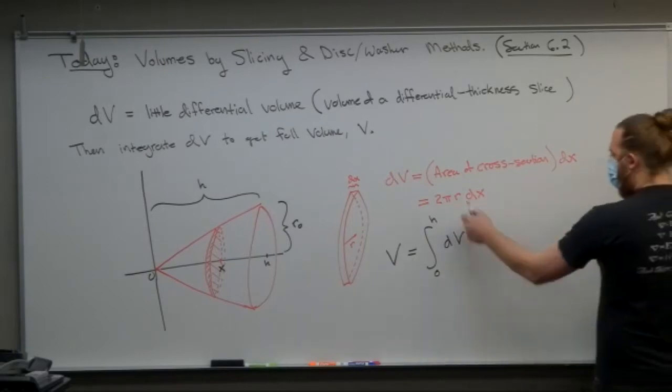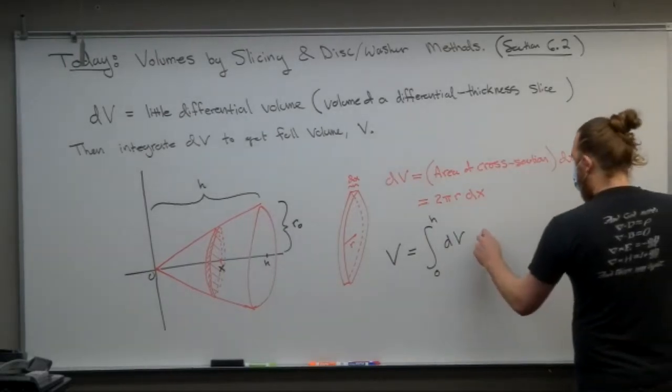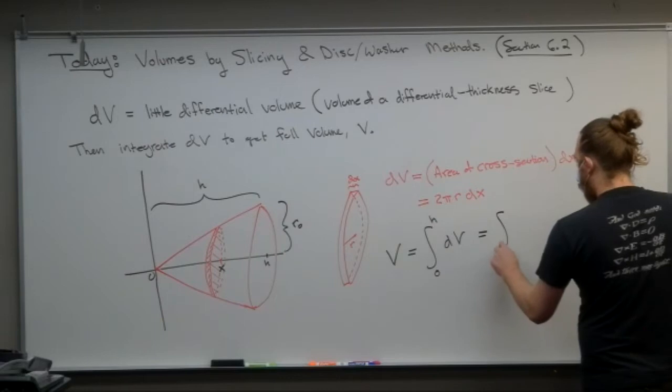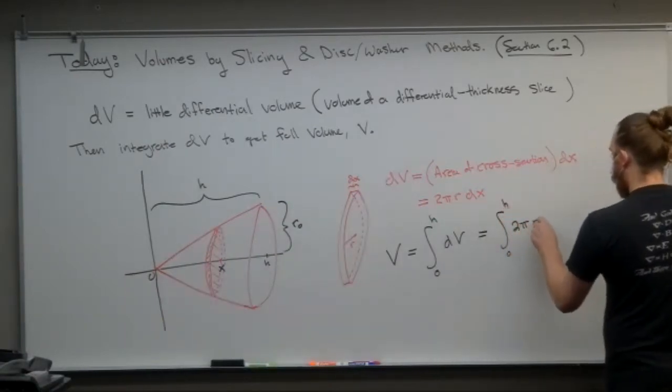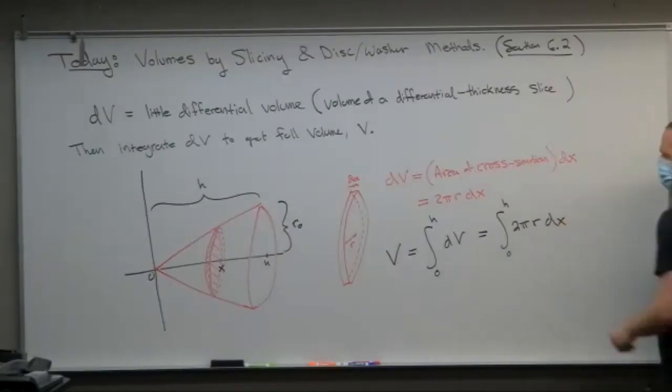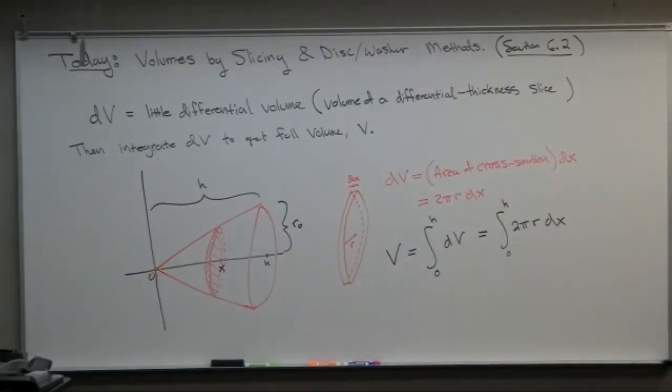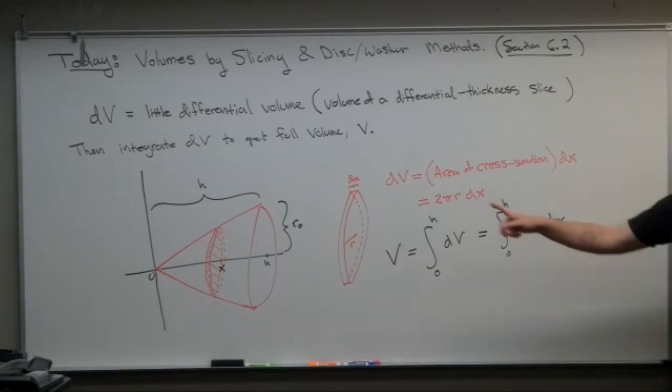And I know that that little differential volume is 2 pi times the radius dx. So the only thing that I'm missing, the only thing that I need to know to calculate that integral, is how that radius changes as x runs from 0 to h.